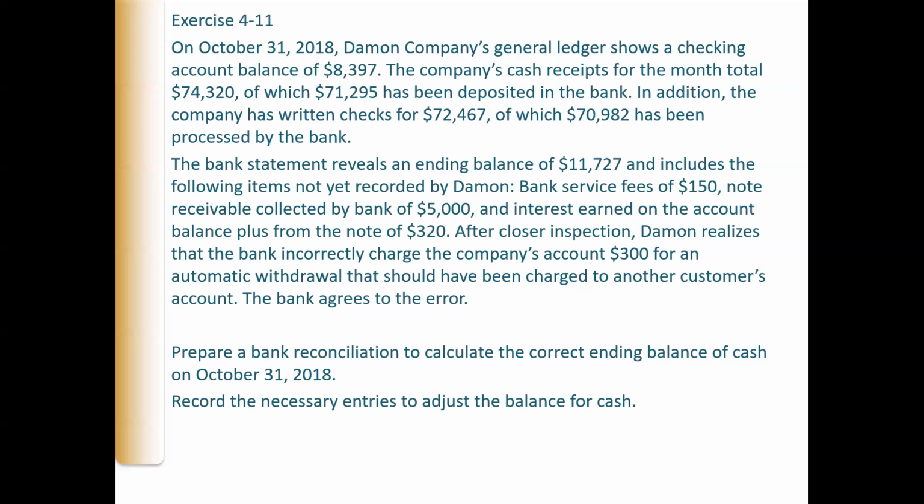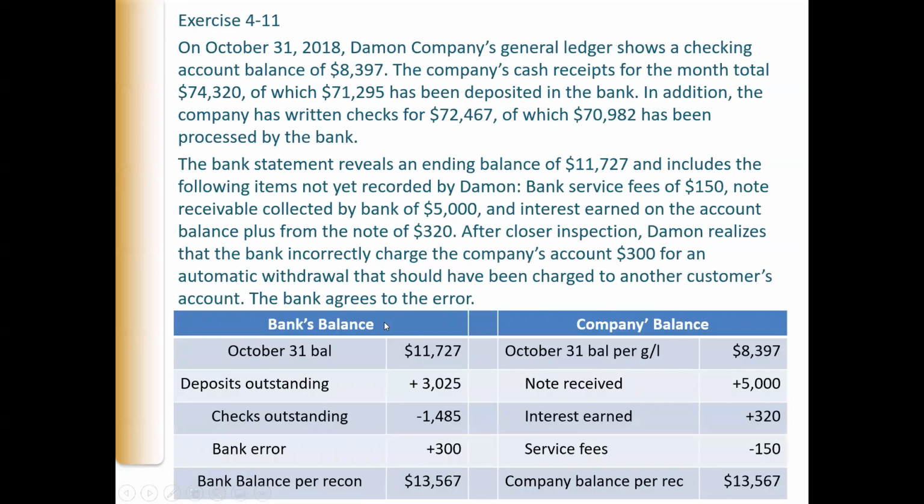Okay, so what we're going to do here is we start with the balance for the bank, which said $11,727, and the balance of the company is $8,397. We'll start with the bank side. Deposits outstanding will be the difference between the $74,320 and the $71,295, which is $3,025.